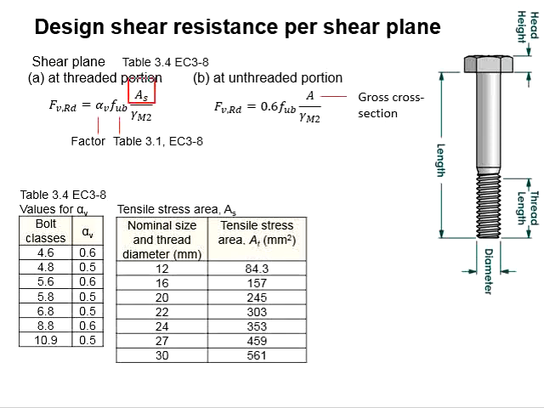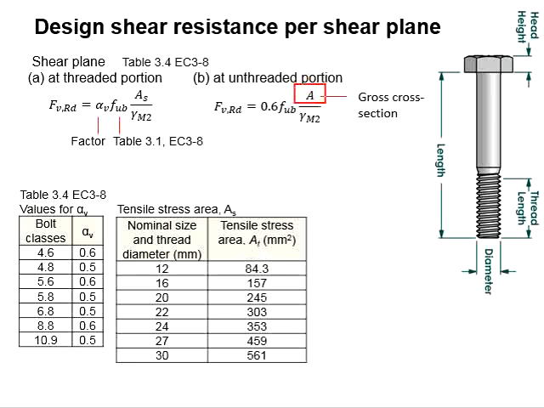For the As, you may refer to this table, which varies in accordance with the nominal size of the bolt. As for the gross cross-sectional area, the value would normally be higher than this, which can be calculated from the simple equation to determine the area of a circle, namely pi r squared.